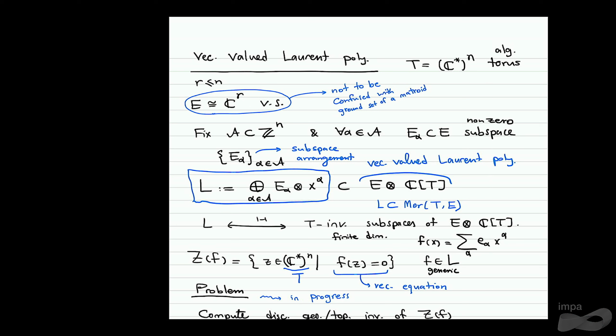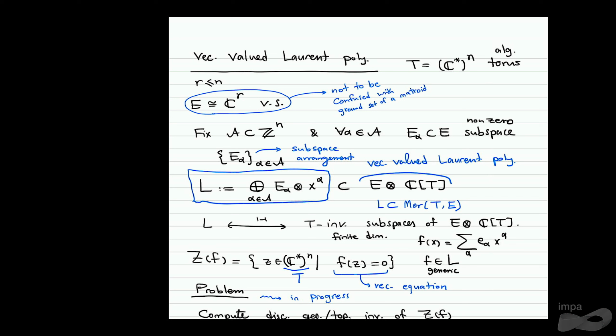So you have an arbitrary arrangement of subspaces in E, each of any dimension you wish, just non-zero. Each subspace is labeled by a lattice point, or a character of the torus, or a monomial. That is the given data.